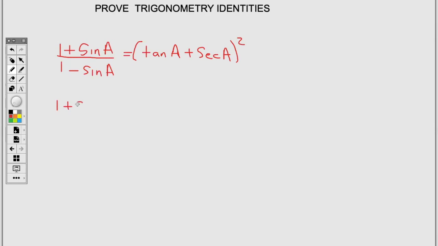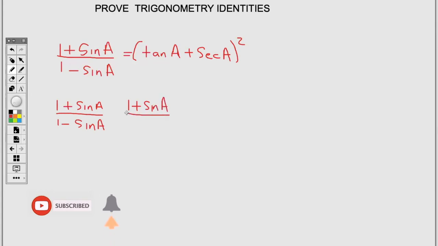Our final example, we have 1 plus sine A over 1 minus sine A, and we need to prove that it's equal to tan A plus sec A all squared. I'm still going to stick to the left hand side, and I'm going to multiply the numerator and the denominator by 1 plus sine A. I'm thinking of it as rationalization for those who know how to rationalize.